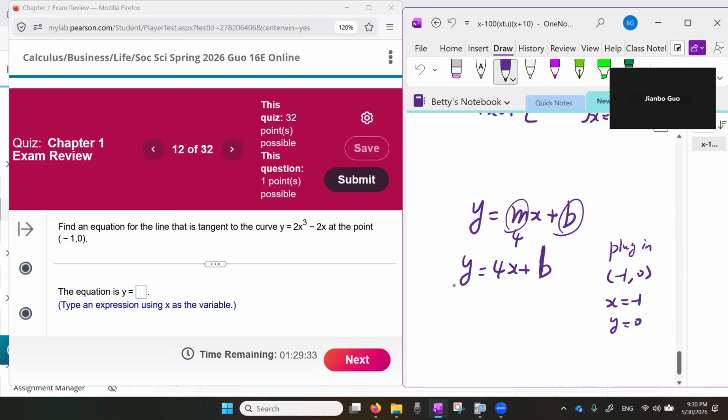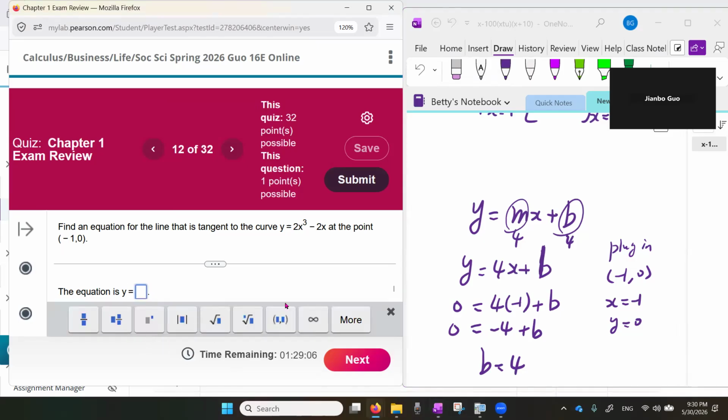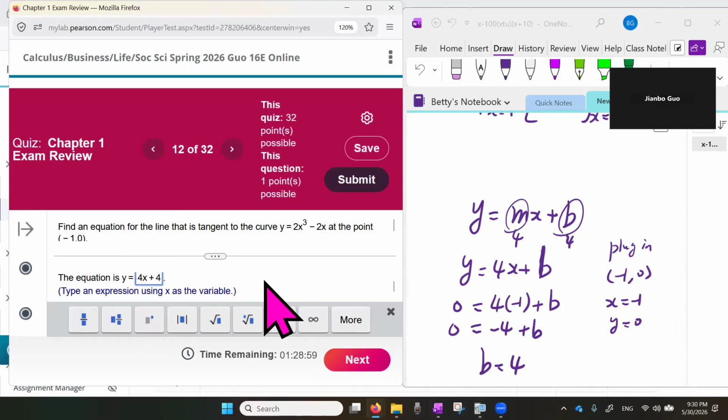Because this point is on the tangent line, it will satisfy the equation. 0 equals 4 times -1, which is -4, plus b. So b has to be positive 4. So we got m equals 4, b equals 4. The answer is y equals 4x plus 4, right? This is a very good question.